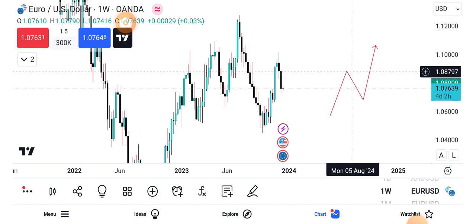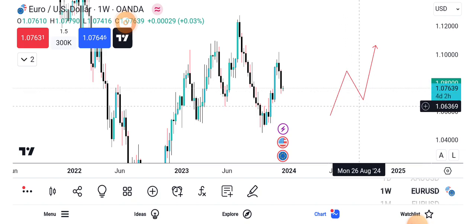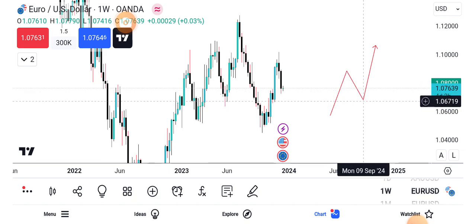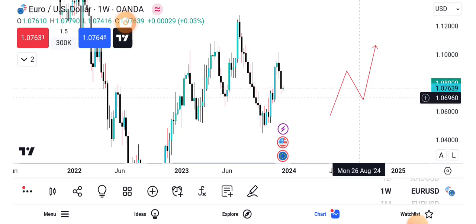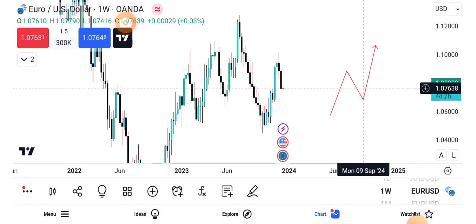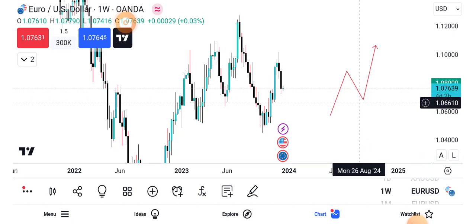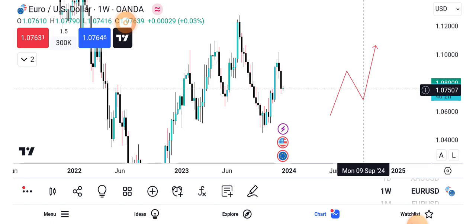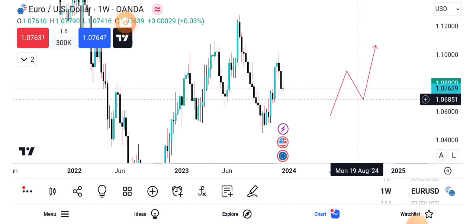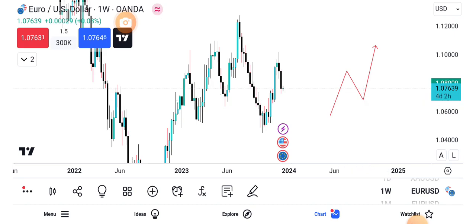So buy stops are whatever we refer to as buy side liquidities, and below here we have sell side liquidity, or in other words we call them sell stops, because people want to buy at this low. If they buy around these zones, their stop loss will be below this low. So the stop losses are what we call sell side liquidities.